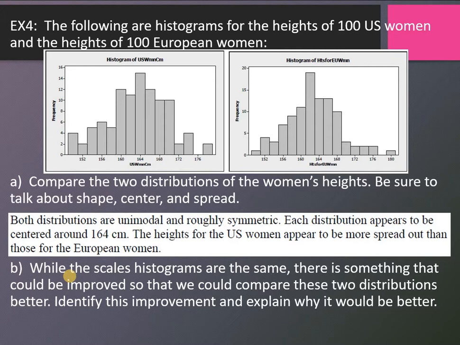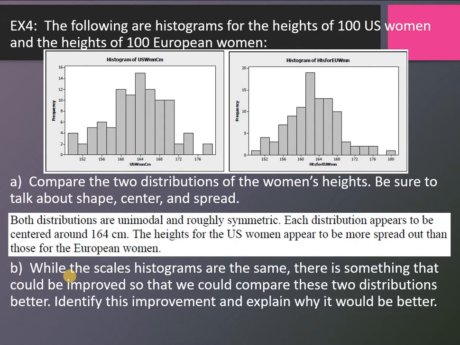They're saying that the scales are the same, but there's something that could be improved so you can compare distributions. If I want to compare distributions, what do you think I could do to make that easier? Box plots, because you can squish them together, right? You can also do histograms squished together, like an overlay where you can see through them and see one and then the other.